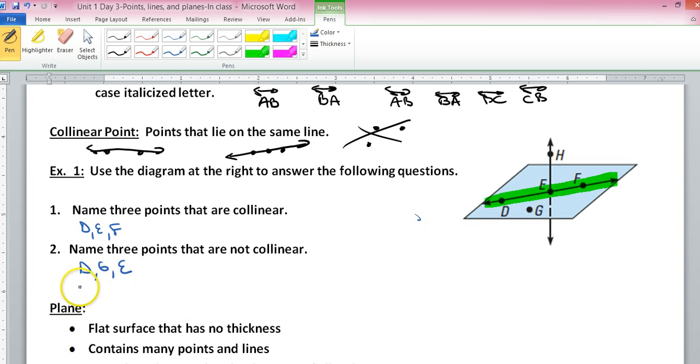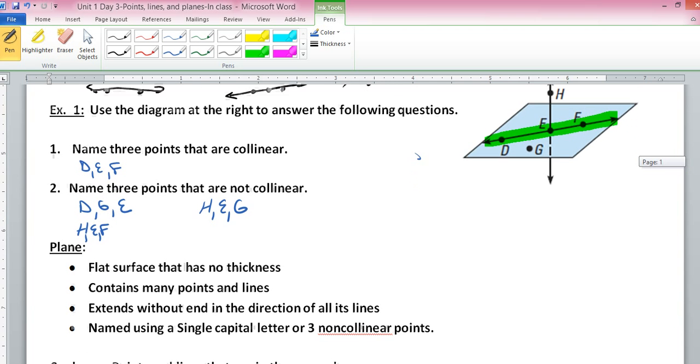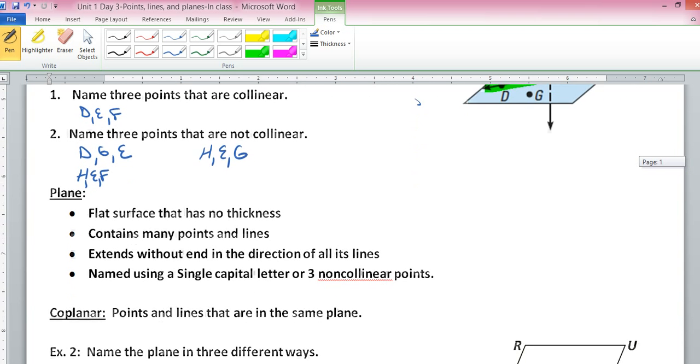Another example would be H, E, F. I'll let you try to determine if you can find another combination of points that are not collinear. H, E, G. Those are non-collinear. So there could be a lot of combinations that end up not being collinear.